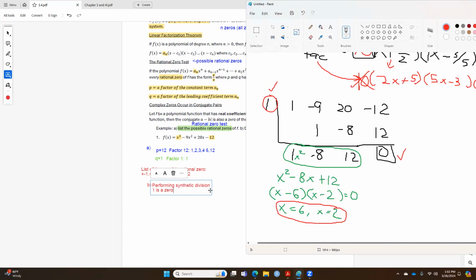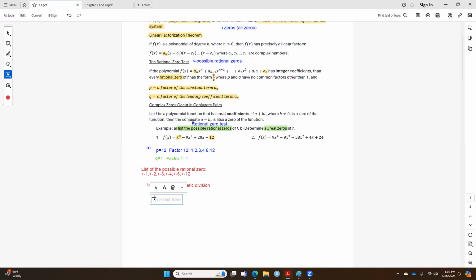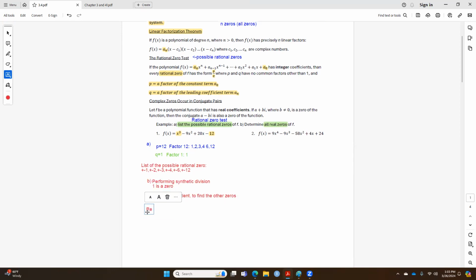So when you perform synthetic division and 1 is a zero, then what you do next is factor the quotient, usually it's factorable, to find the other zeros. So this means that for this case, your real zeros will be 1, 2, and 6.